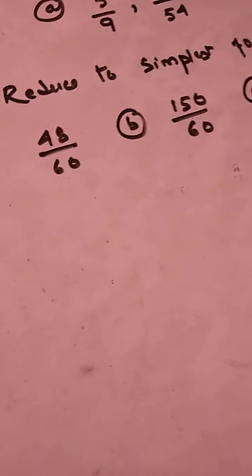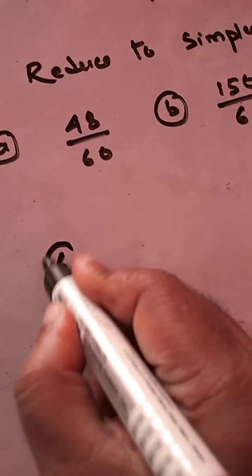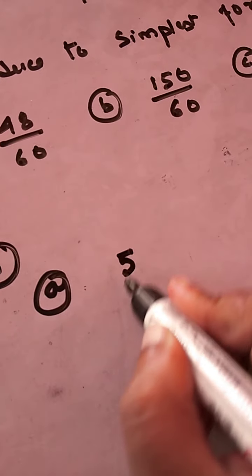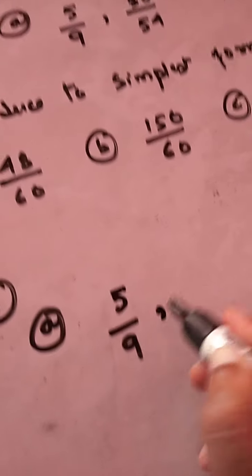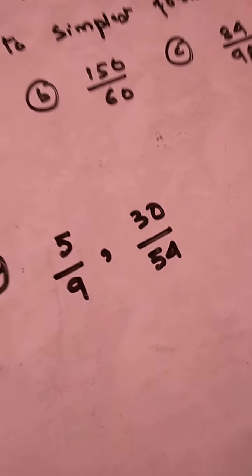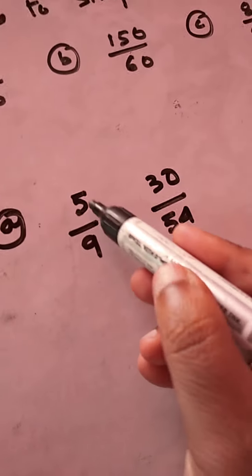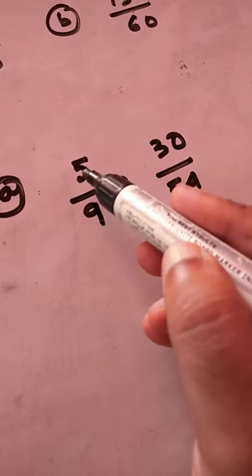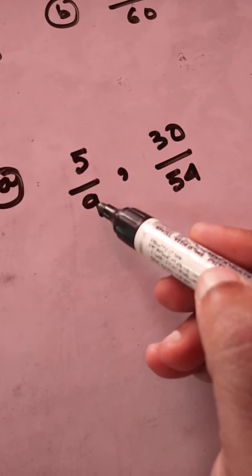Now see, first we'll write question number 6, sum number A, and we'll write these two fractions, 5/9 and 30/54. Now 5 and 9 cannot be reduced, as there is no number by which we can reduce both 5 and 9, isn't it? So we'll keep this fraction intact.